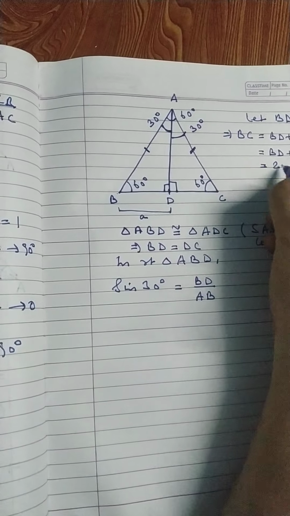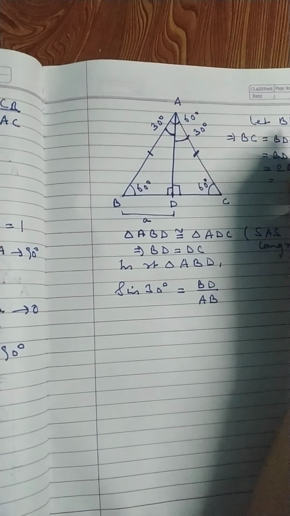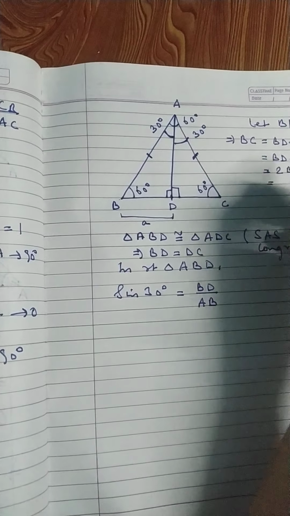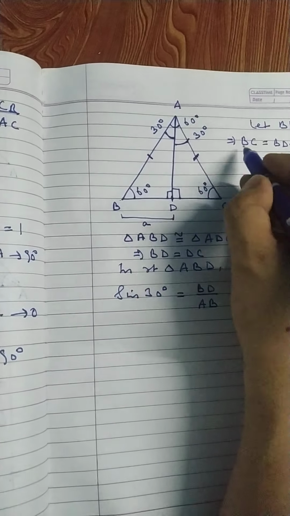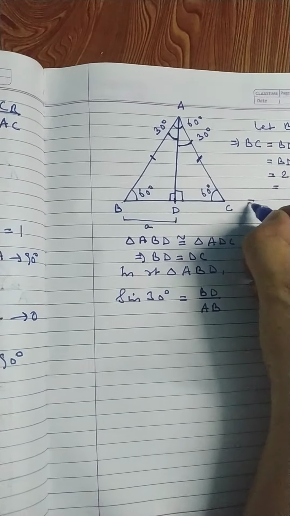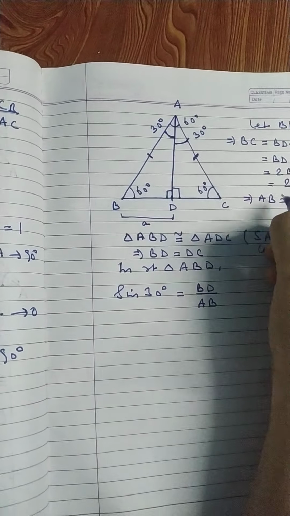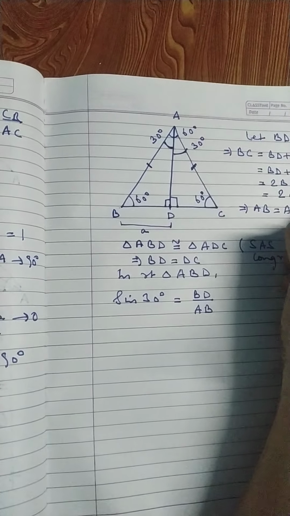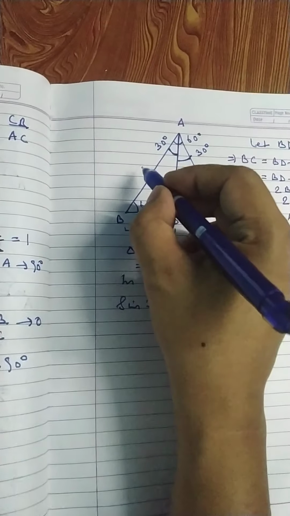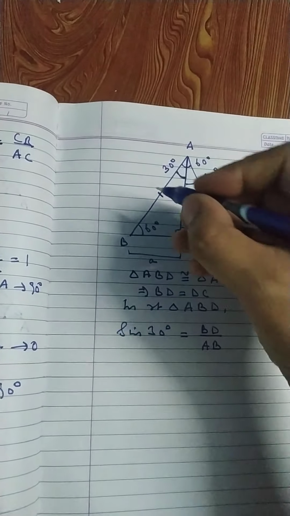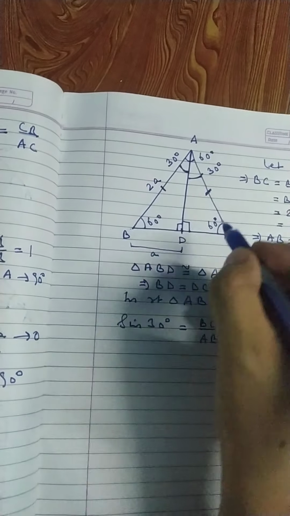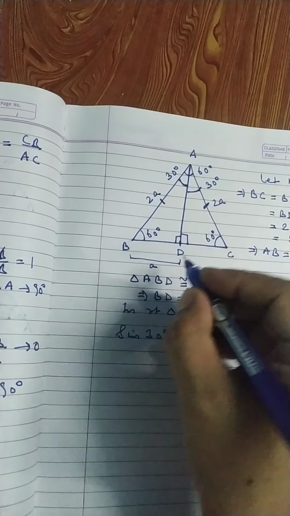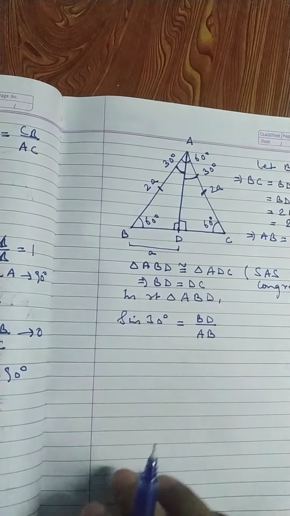This is equal to twice BD, and since BD is A, BC is equal to twice A. It implies AB is equal to AC is also twice A, because this is an equilateral triangle. So the hypotenuse is twice A, and this length is A.